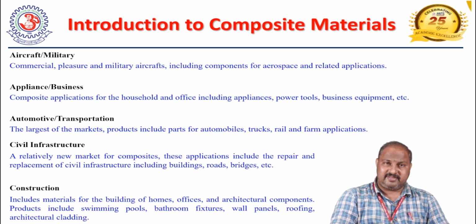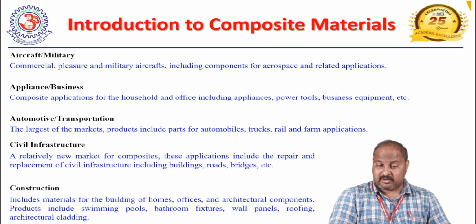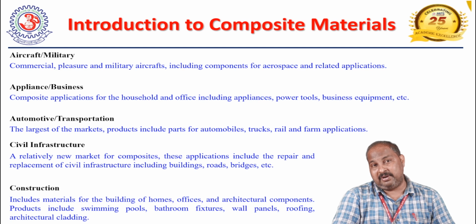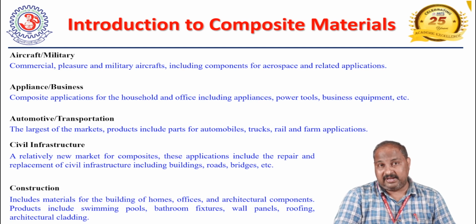Next is about civil infrastructure. Nowadays, most of our civil architectural applications include composites. It may be with respect to architectural shape, and also different structures of buildings, like bathroom fittings.